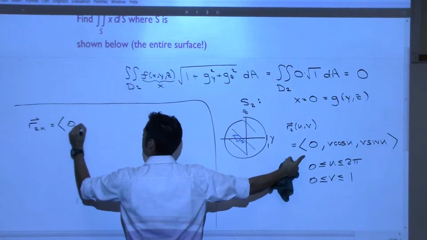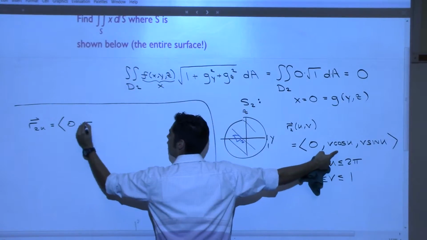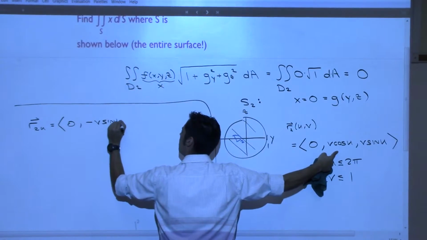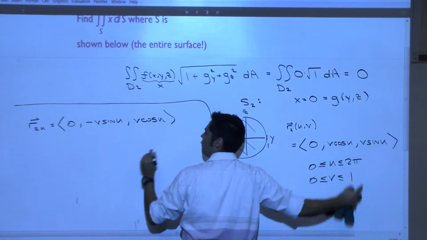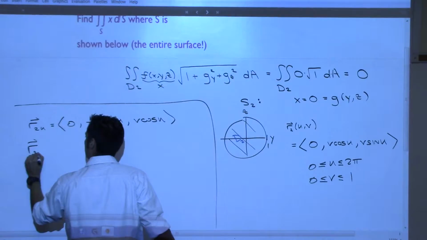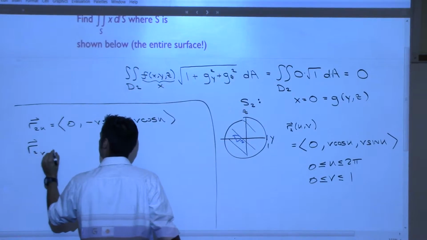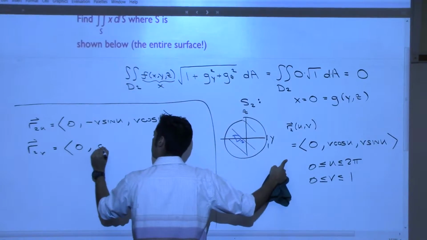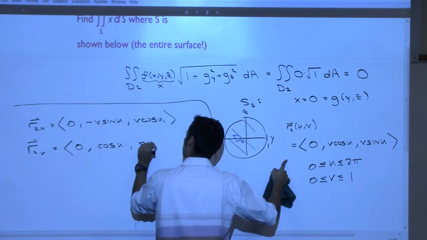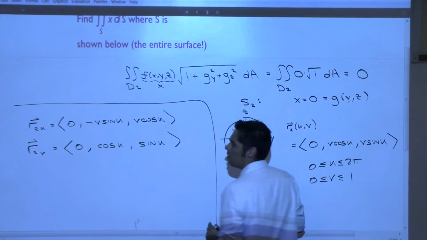So 0, negative V sine U, V cosine U. What's the partial of R2 with respect to V? 0, cosine U, sine U.